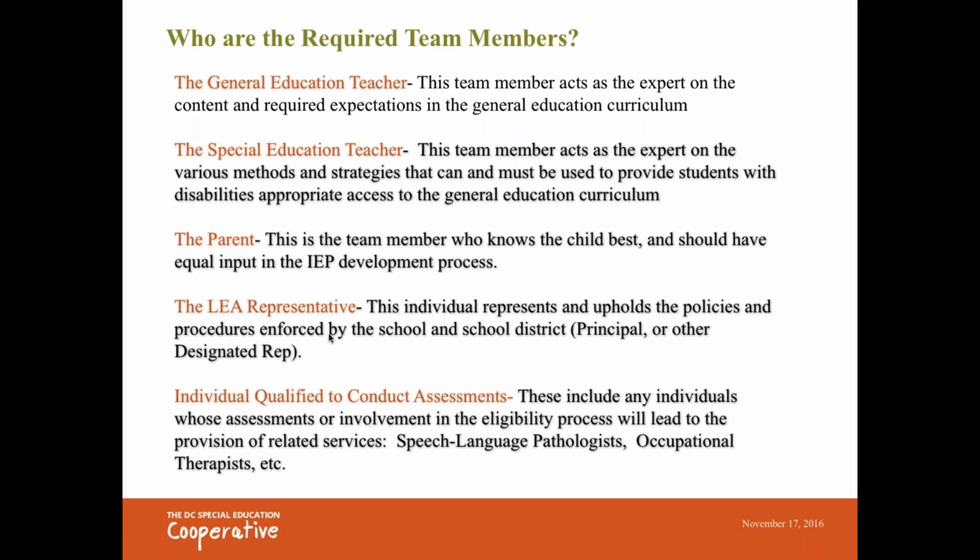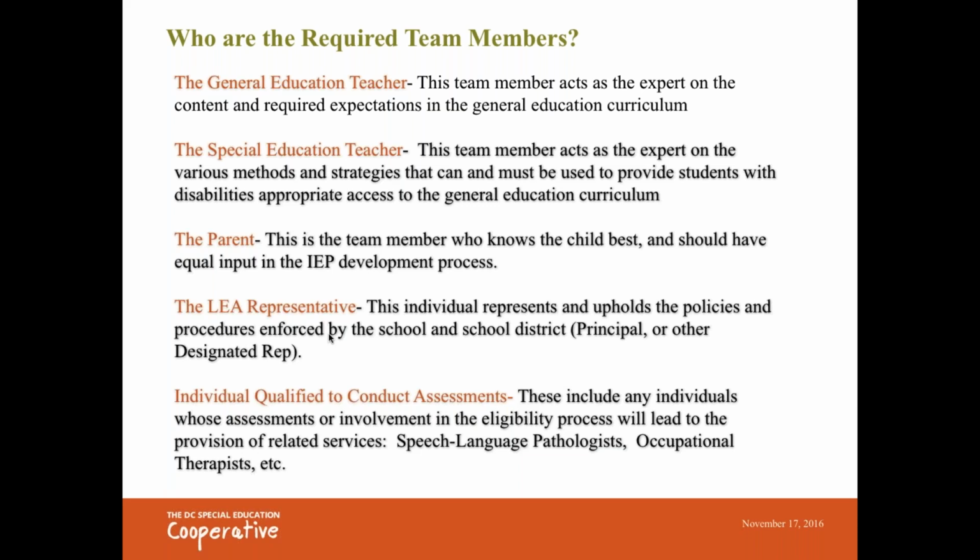So now that we've got a briefing on what all the actual components are, there are very specific team members that the law requires to be a part of the IEP team. The general education teacher.